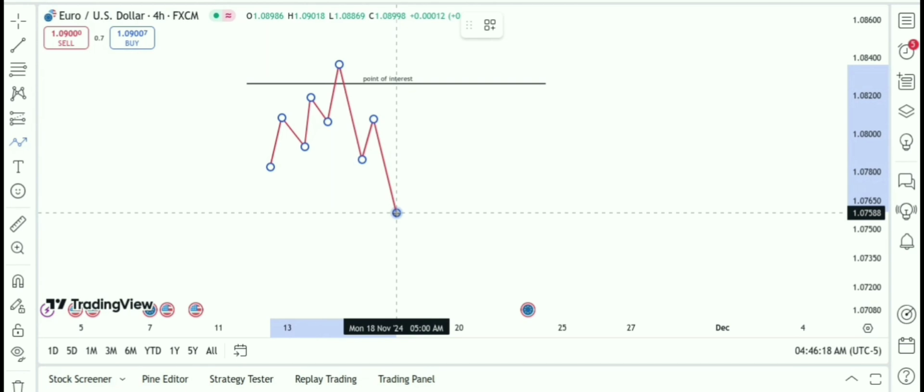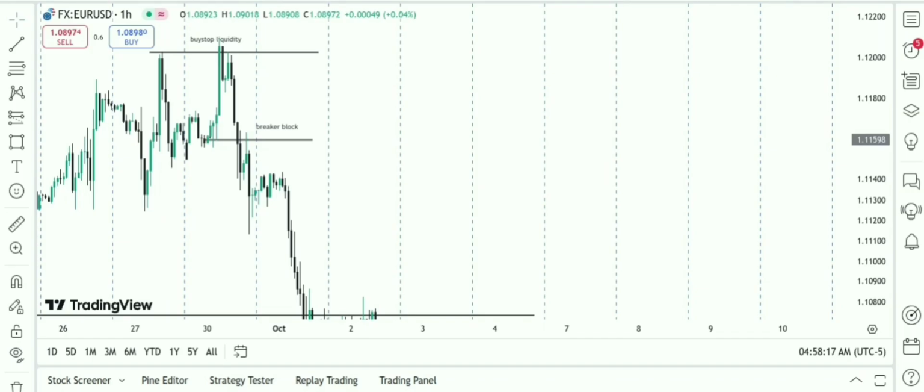So guys, I'm gonna be showing you how to spot this breaker block on the charts and how to trade them. So let's dive in. Just as you can see, the market was making higher highs, taking the buy stop liquidity.